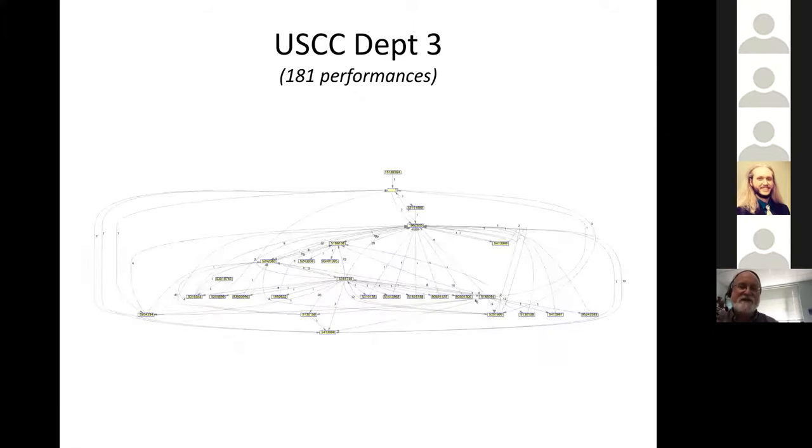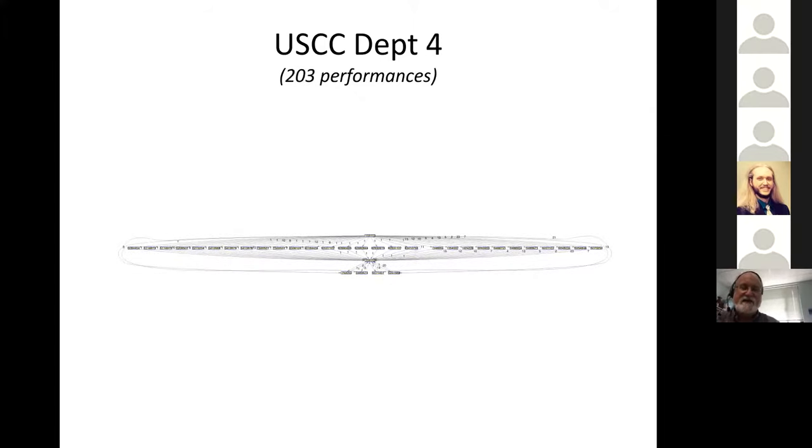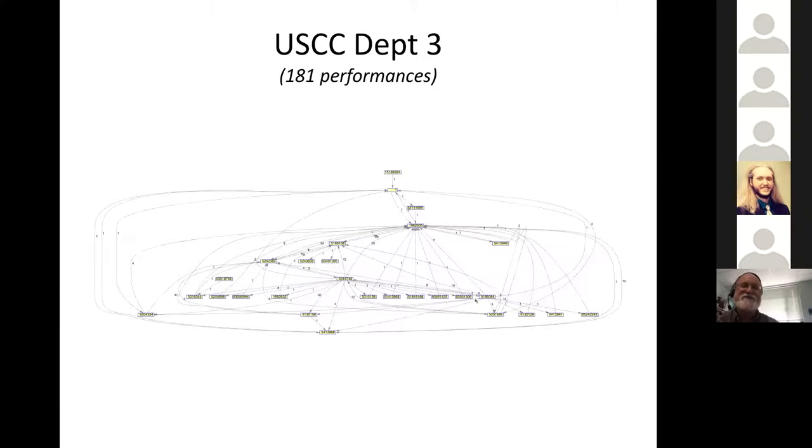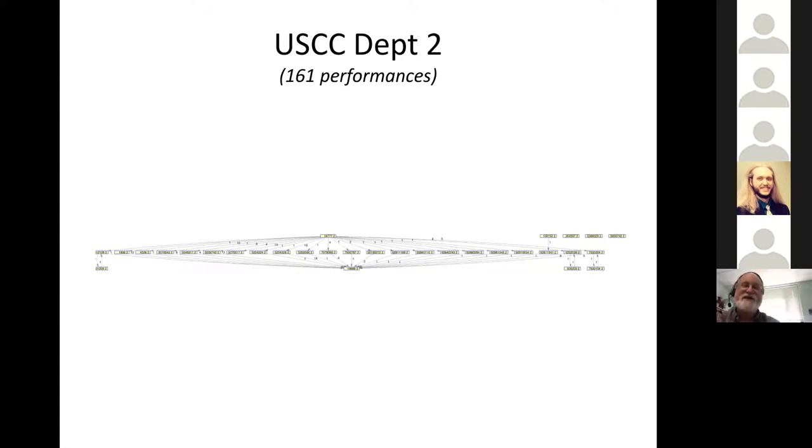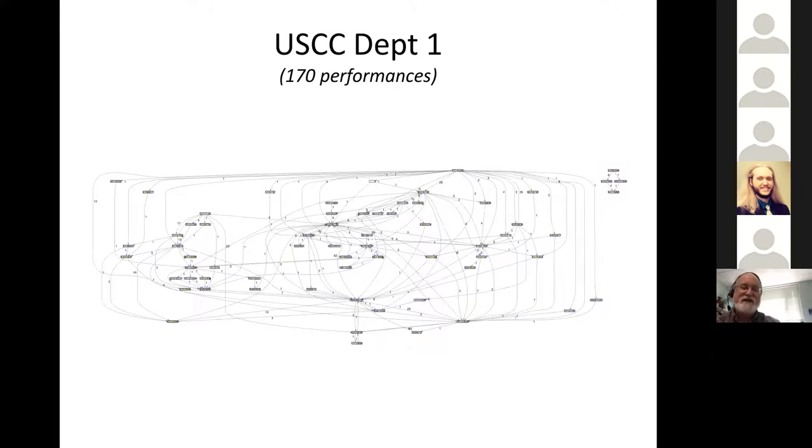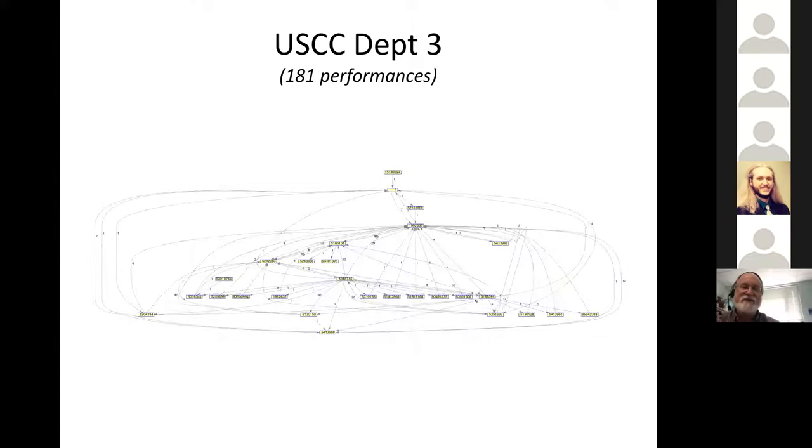You tell me. Kind of seems to me that some of these departments have a very highly structured way of doing things, like Department 4 and Department 2, whereas Department 1 and Department 3 maybe less so.